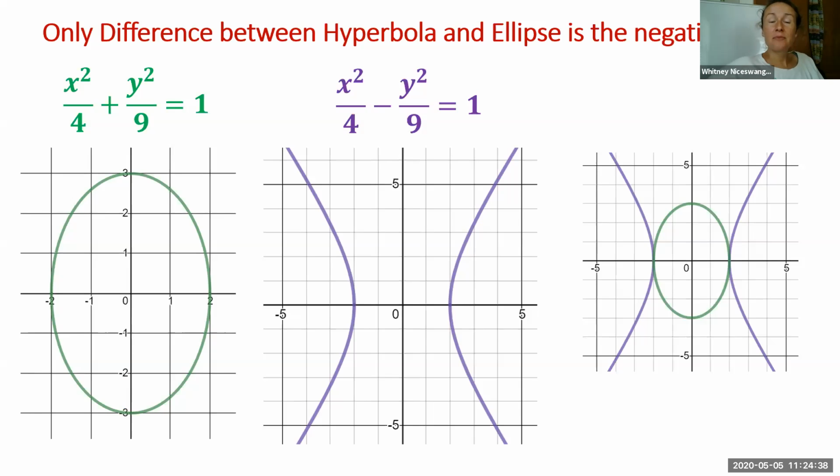So let me compare the hyperbola and the ellipse for you. This equation in green is the ellipse, and this equation in purple is the hyperbola. The only difference between the hyperbola and the ellipse is the negative sign. So x squared over 4 plus y squared over 9 equals 1 is going to give you an ellipse.